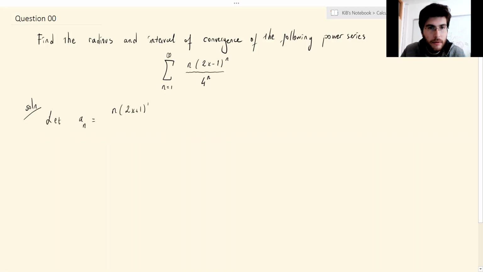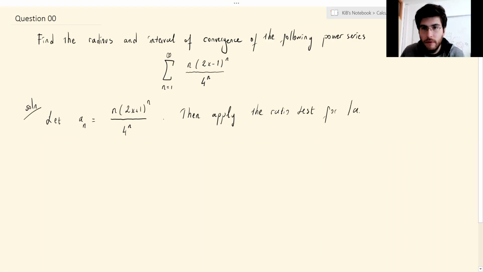This is your sequence. Okay, fine, something like this. So this is a_n. Then what we are going to do is apply the ratio test for this thing.